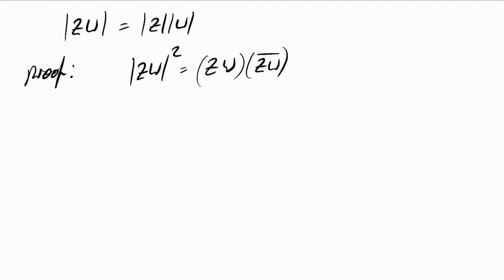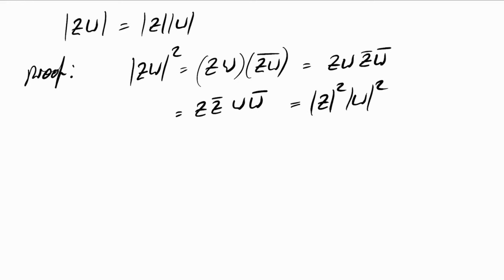So the modulus squared is a complex number times its conjugate. Using properties of the conjugate, I can write this as zw times z bar w bar. Then I can regroup the numbers: modulus of z squared times modulus of w squared. And so you can use this to prove things like the modulus of z squared is equal to the square of the modulus.